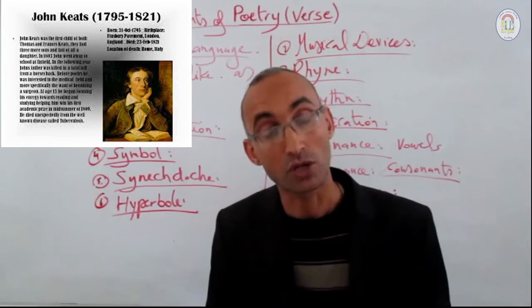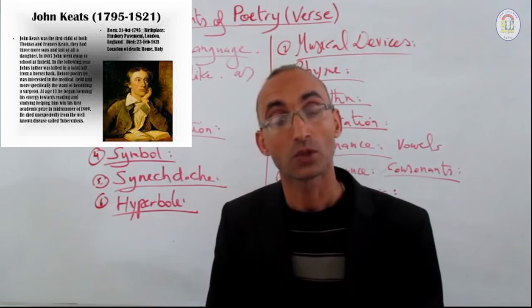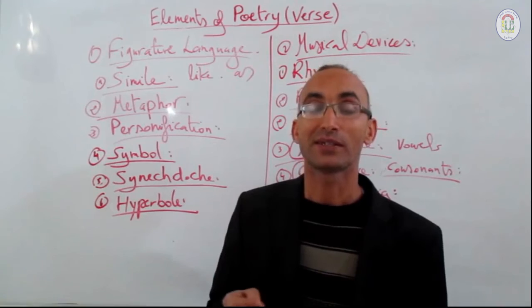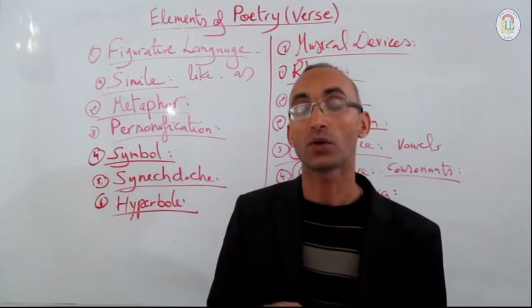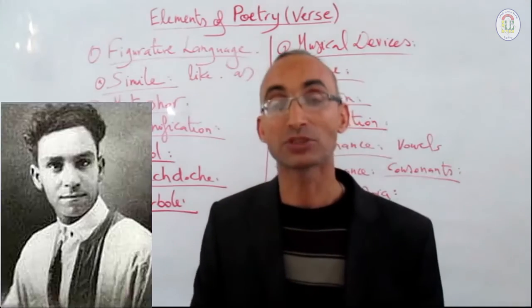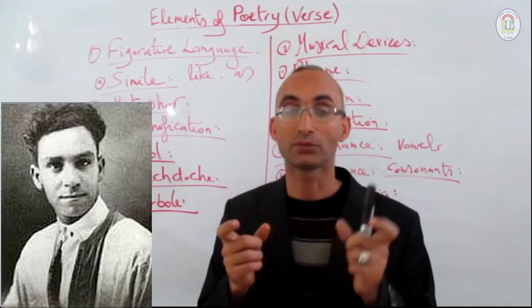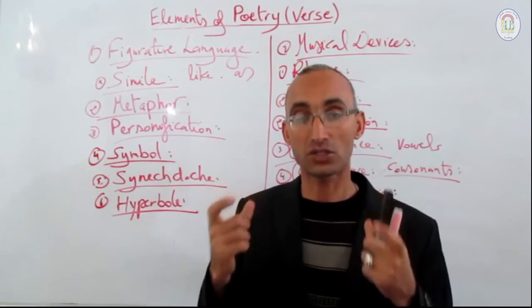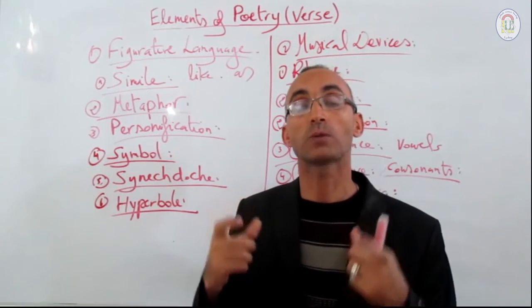We can also mention here John Keats, the romantic poet, who is likened now and always to the Arab poet Abu al-Qasim al-Shabbi, because both of them, John Keats and Shabbi, died at a young age, and they wrote a huge amount of poetry.